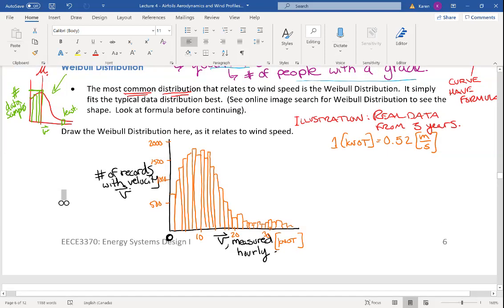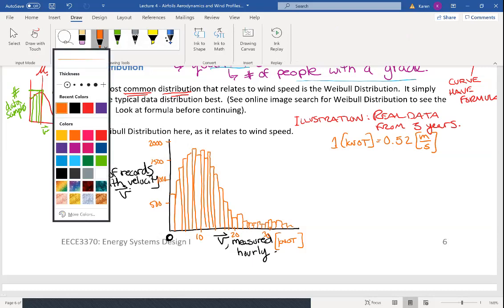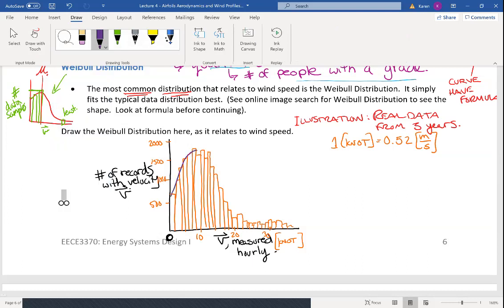So this is actual data, and of course you're wondering, well, where was that taken? I don't remember where this is taken, but it doesn't matter because wind speed typically everywhere it's studied in the world actually follows the same distribution. And this is the most common distribution that fits the data.